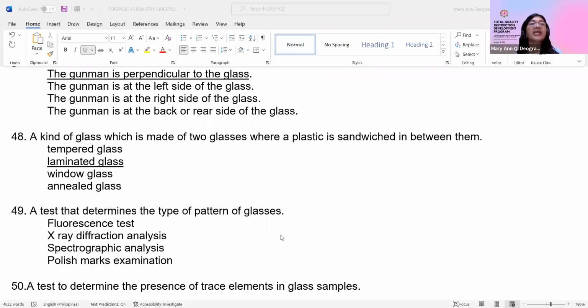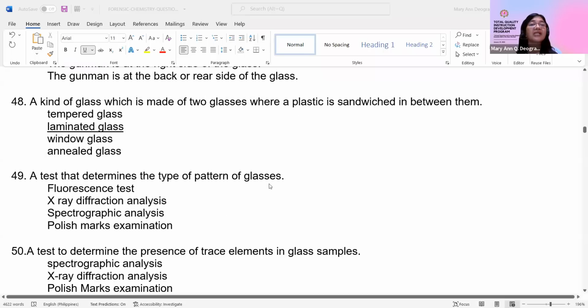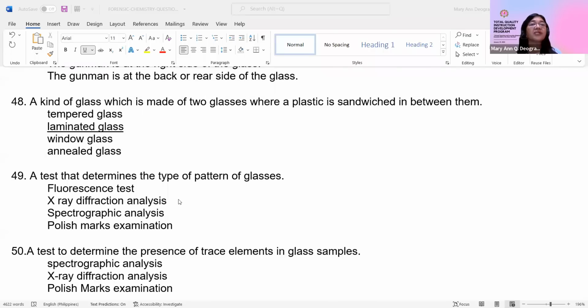Okay. A test that determines the type of the pattern of the glass. Is it fluorescence, X-ray diffraction, spectrographic, or polish marks examination? Sagot. Number 6. Tingnan natin. May unang sumagot. Okay, letter. Type of pattern of glass, X-ray diffraction.